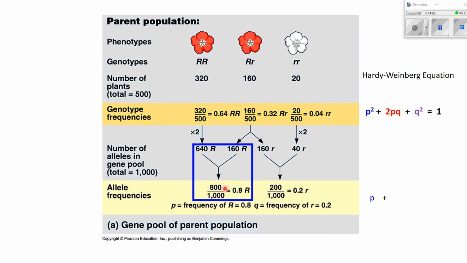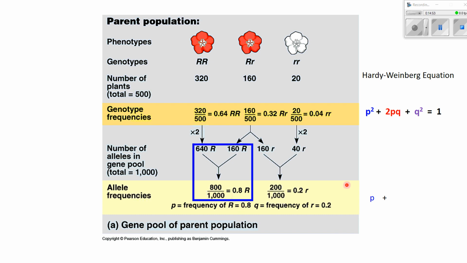That means in the whole gene pool, there's 800 copies of big R. Look at that again. 320 plants like this, and they each have 2 copies of big R. So that's 640 big R's. And then the heterozygous plants have 1 copy. There's 160 of them. So that adds up to 800. 800 divided by 1,000 genes in the gene pool is 0.8.